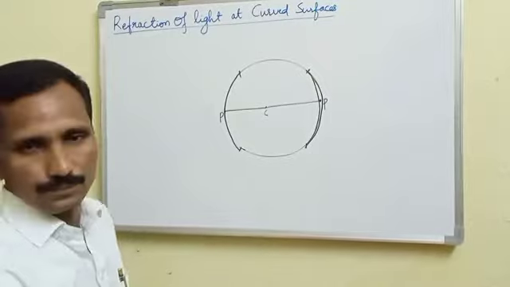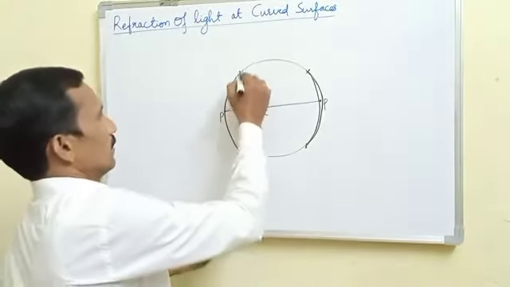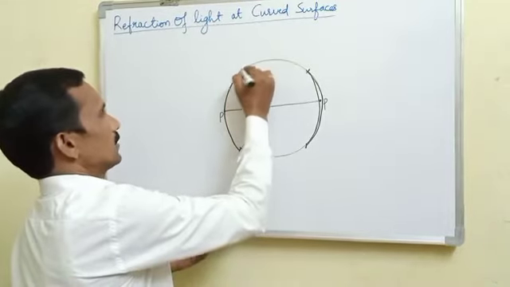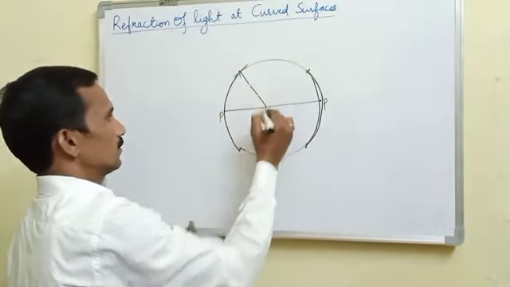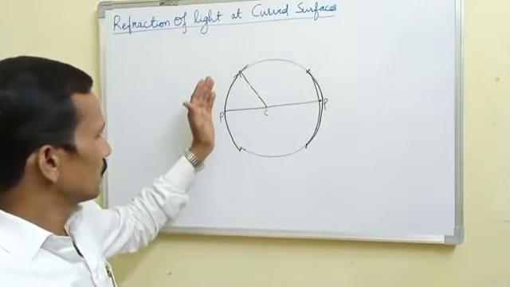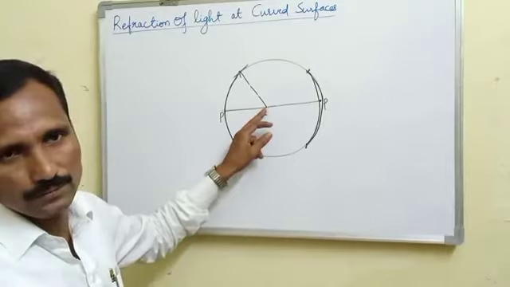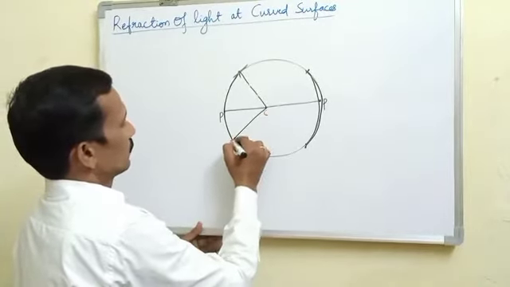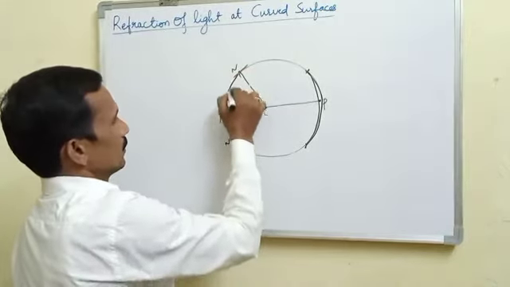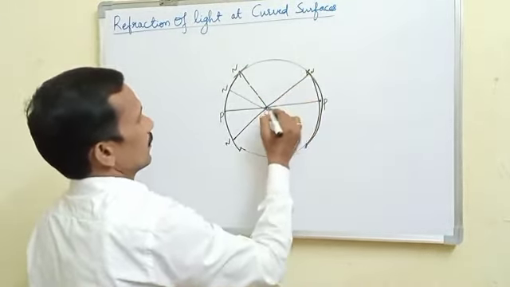So we know how the normal is taken. From this position, it is the tangential line, and from this the normal is taken. From the surface of the curve to the center of curvature is the normal. Here these are the normals from any point.